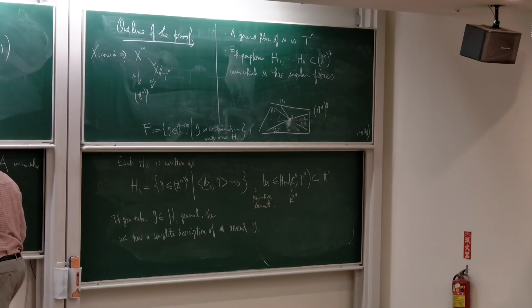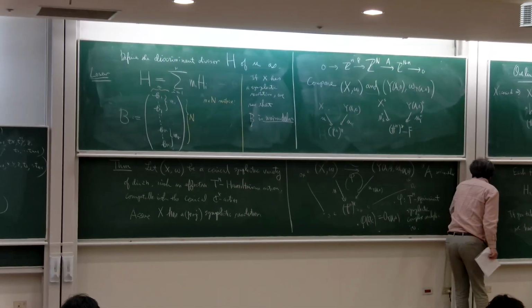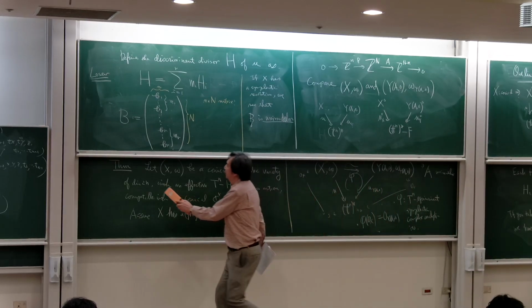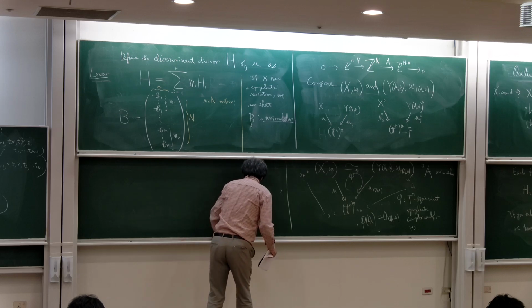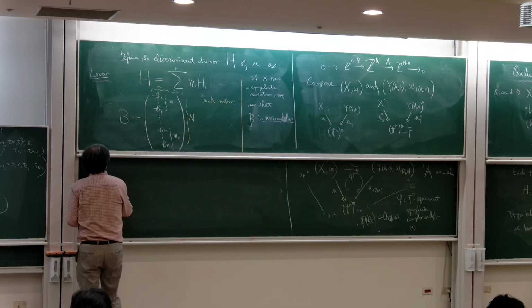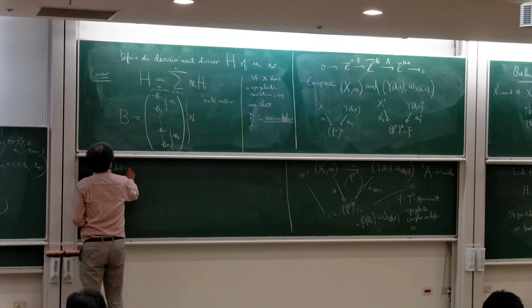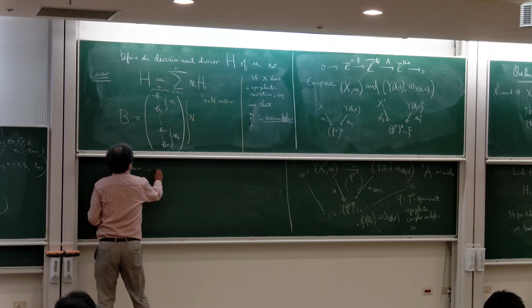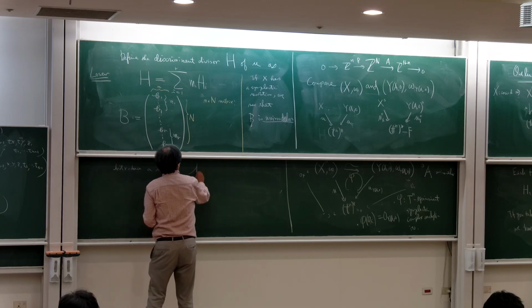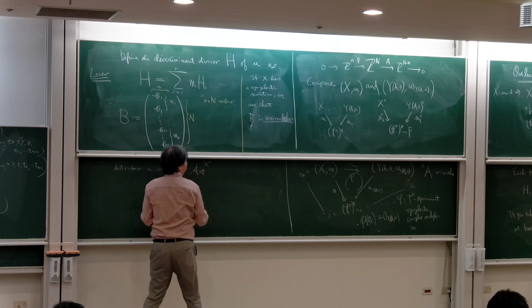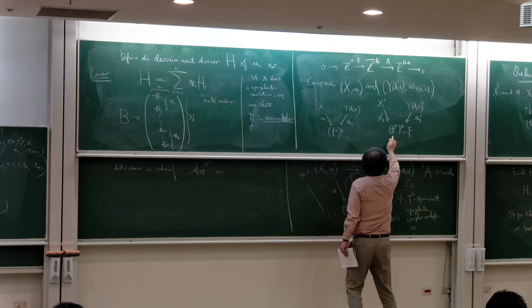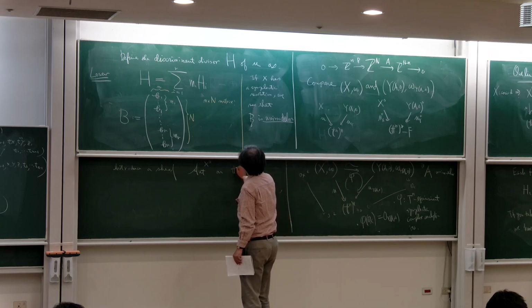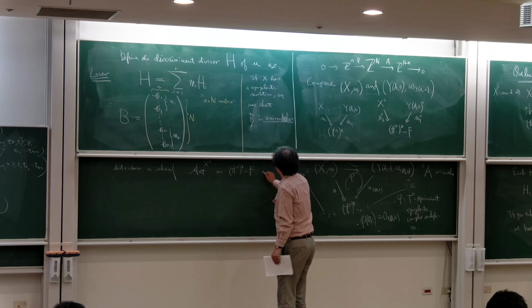So we introduce a sheaf, say Aut X_0, on this space T^n star minus F, as follows.